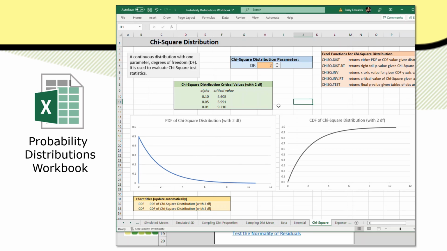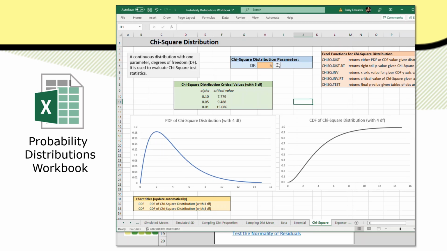For example, if you had a test statistic of 15, would you be likely to see that from a chi-square distribution with 2 degrees of freedom? No, that would be a pretty extreme value. 15 would even be off the charts here, and almost all the values you would obtain from a chi-square distribution with 2 degrees of freedom would be less than 15.